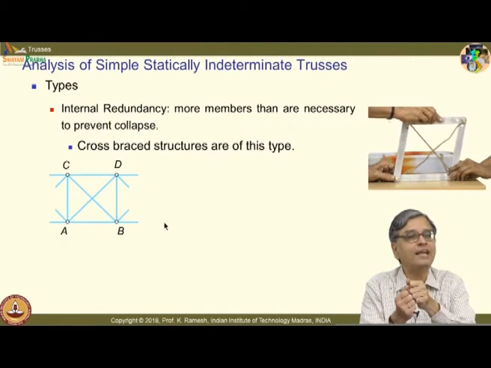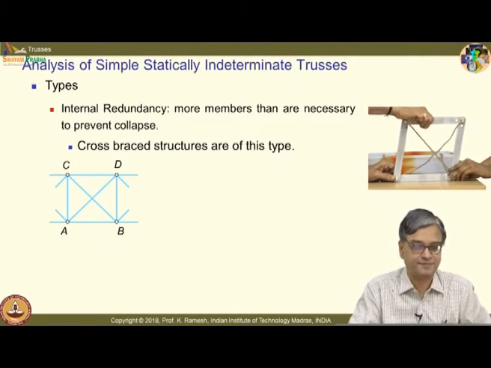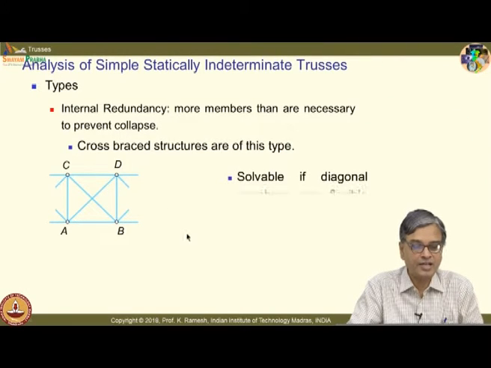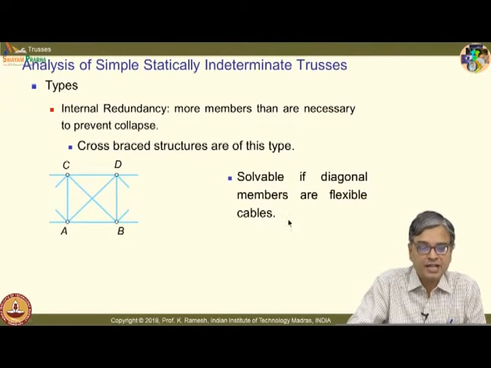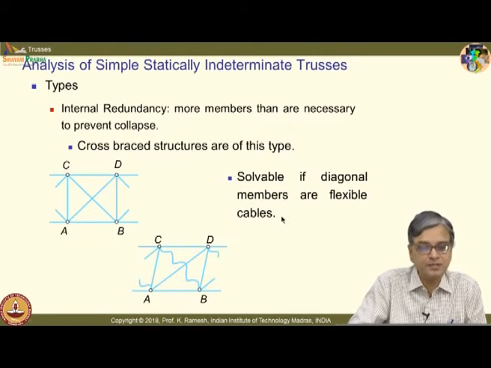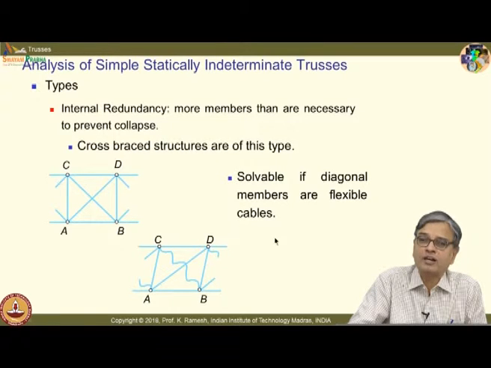So, it can take only tensile forces. So, I can use this if I consider that the diagonal members are flexible cables. They could be flexible or behave in a sense flexible from the overall truss point of view.